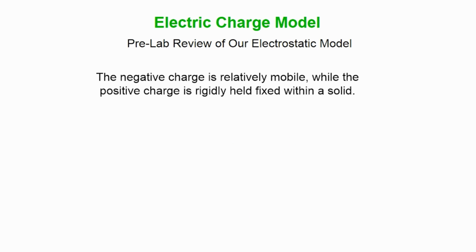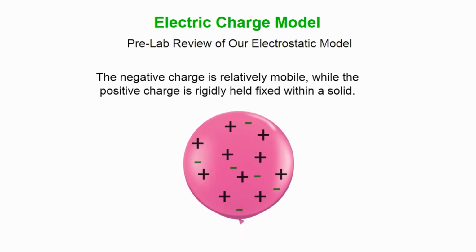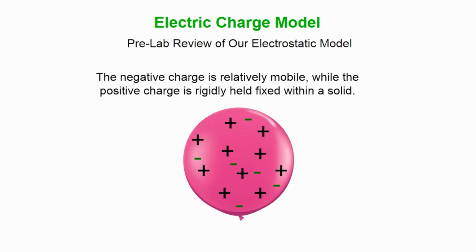In this case, we have a balloon floating up, and notice it is missing some negative charges. Again, it has the same number of positive charges. In our model, the positive charges are rigidly held fixed within the solid. It's part of the nucleus or the core of the atom. The negative charges outside those cores can actually be sometimes, on some materials, moved around, taken away, added to, and in this case we've removed a certain number of negative charges from this matter.